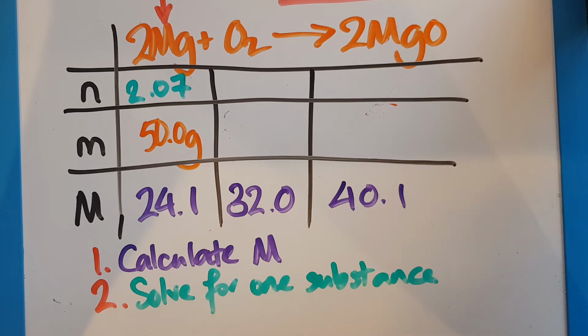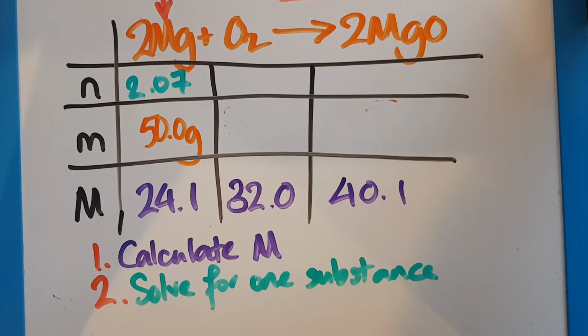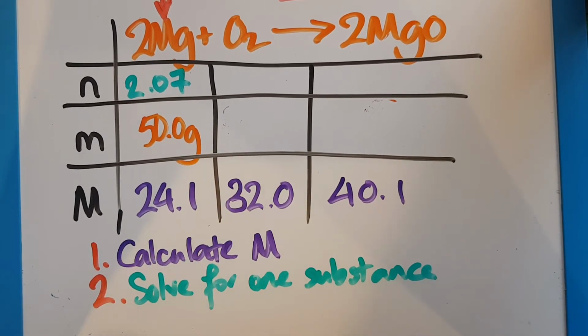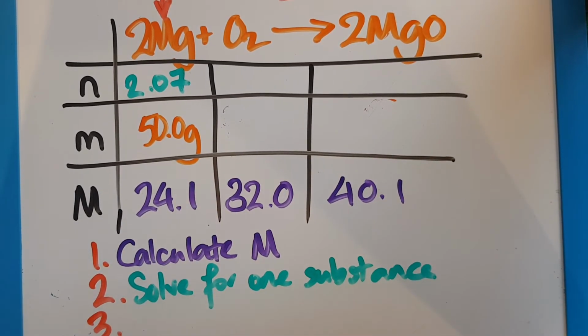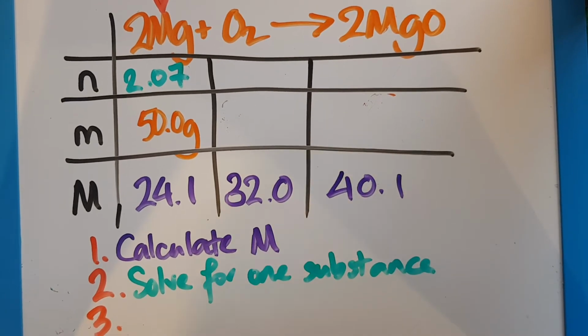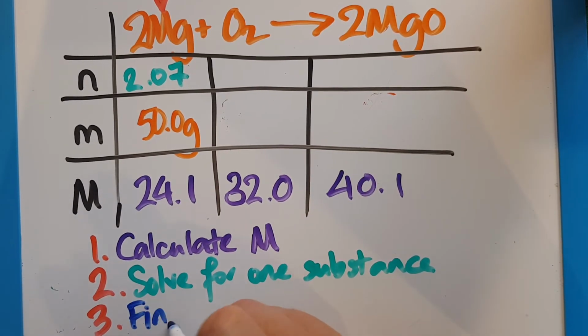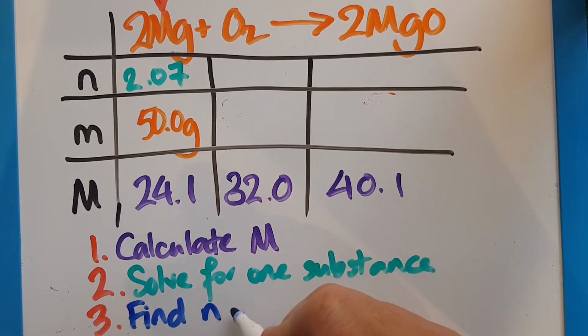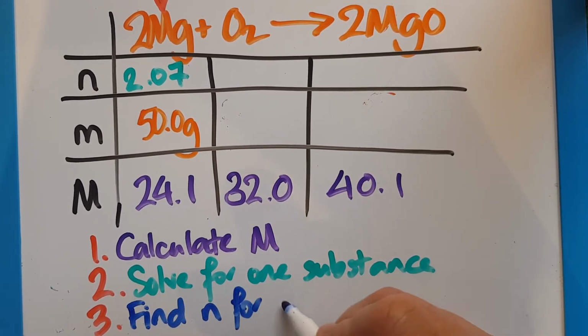Now, the next step is to look at what we call mole ratios. And I'm going to need the equation shown for this. So this one is going to be find N for other substances.